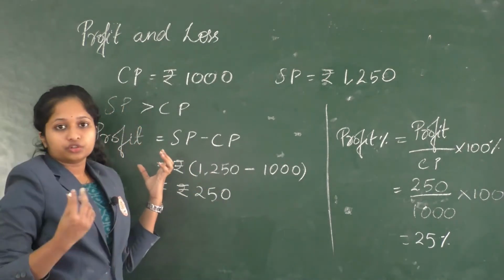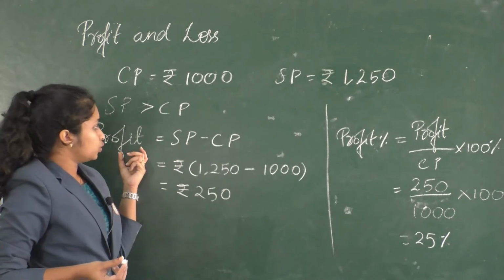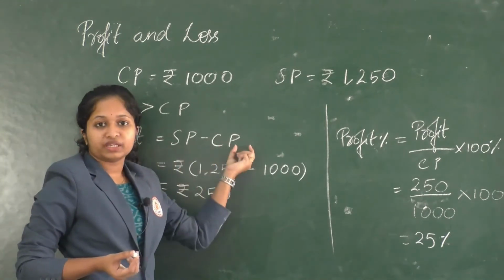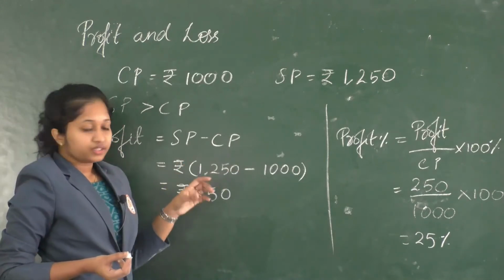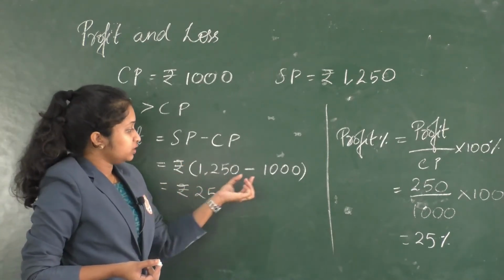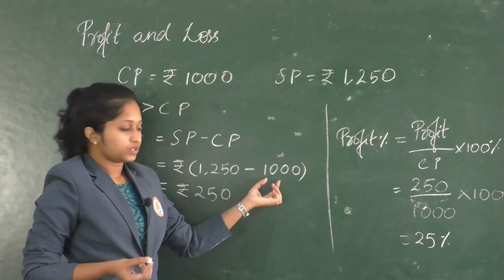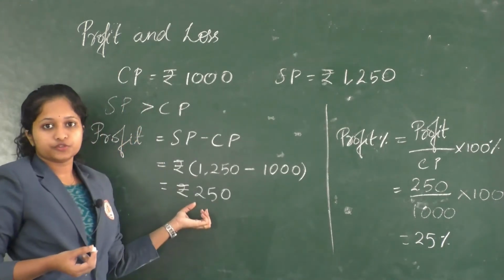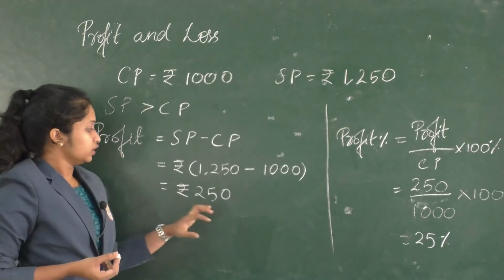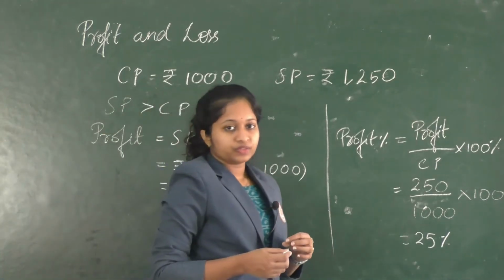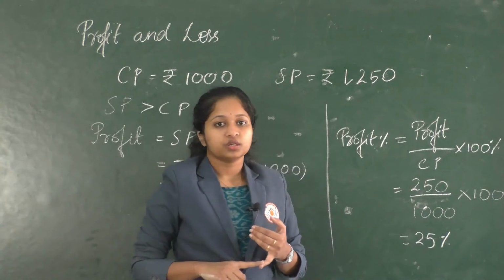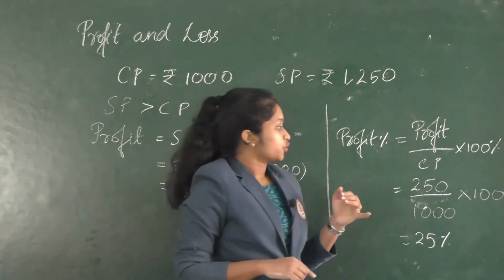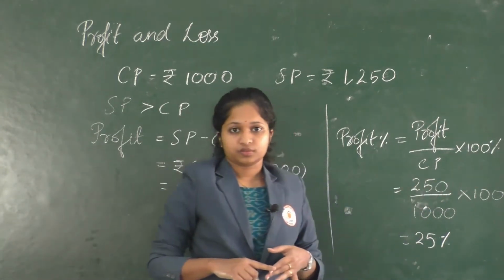So we already know profit is equal to selling price minus cost price. So let's subtract 1250 minus 1000. So we get rupees 250. So the profit is rupees 250. Now let's see the profit percentage. Profit percentage is profit by cost price into 100%.